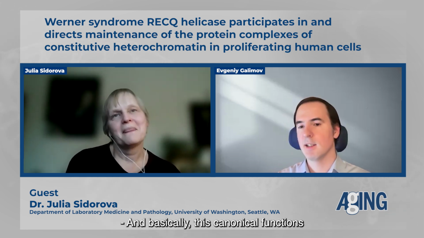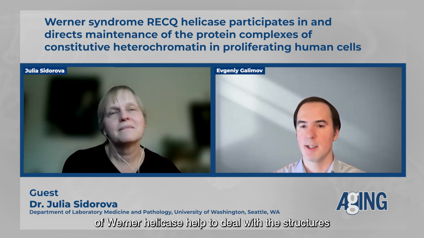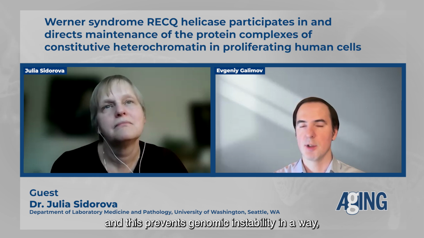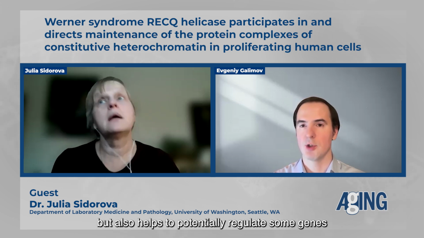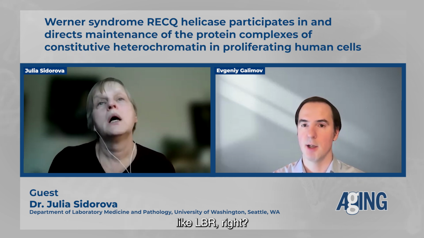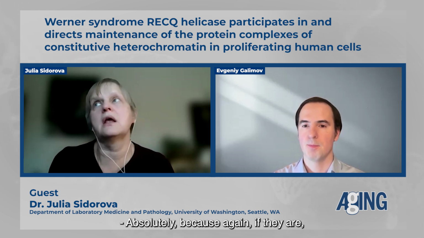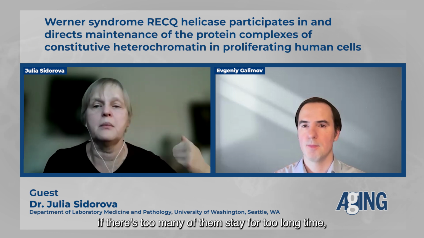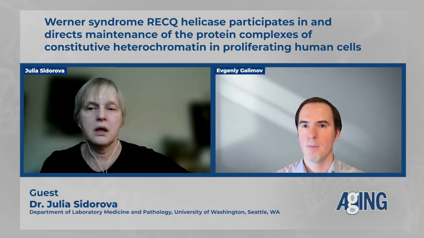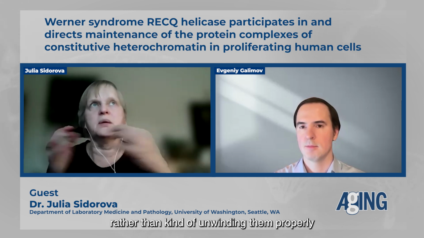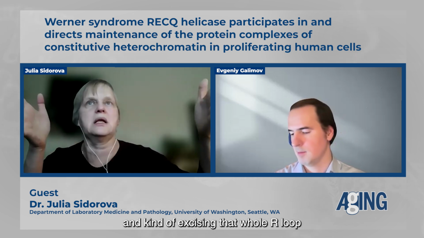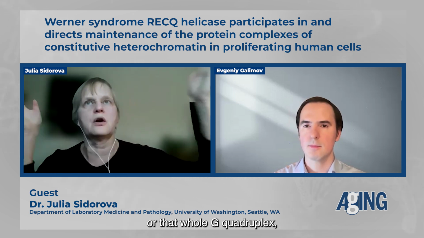Cool. And basically, these canonical functions of Werner helicase help to deal with the structures, and this prevents genomic instability. But it also helps to potentially regulate some genes like LBR, right? Absolutely, because if there are too many of them, staying for too long, rather than unwinding them properly and keeping DNA intact, you might address them by breaking DNA and excising that whole R loop or G quadruplex.